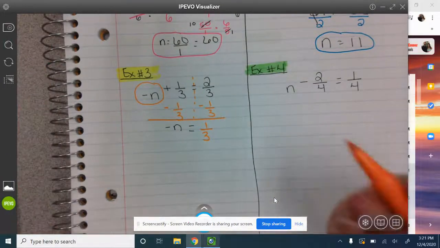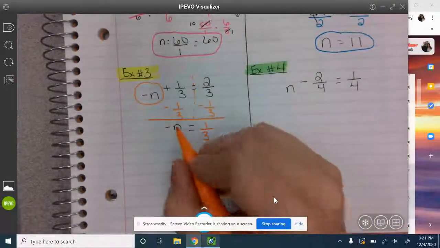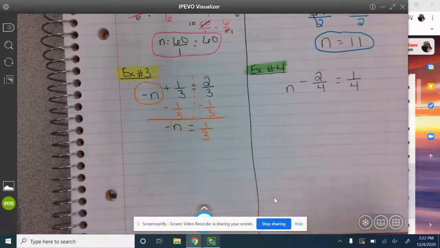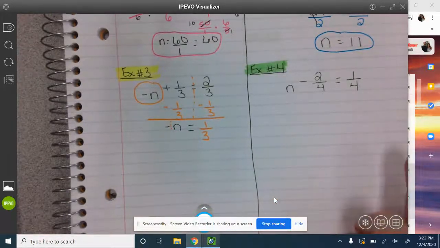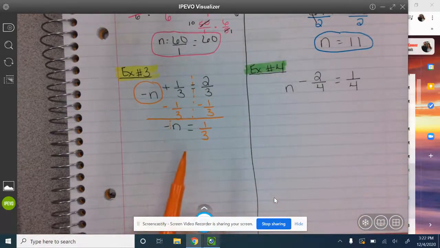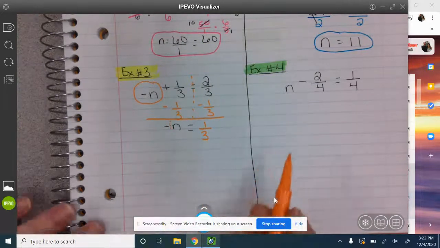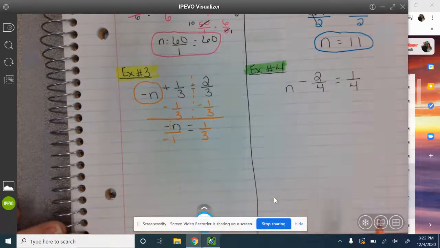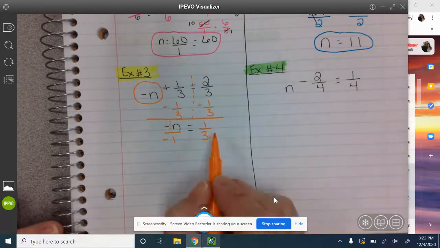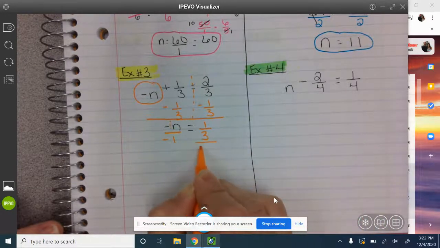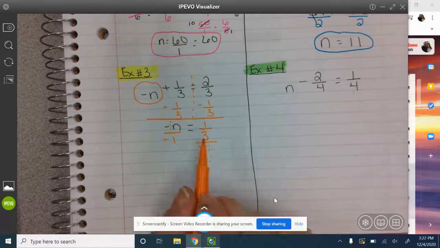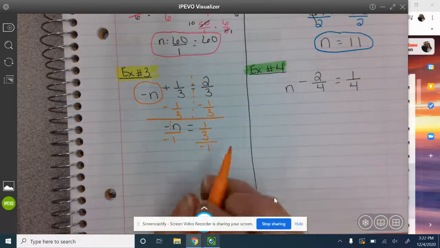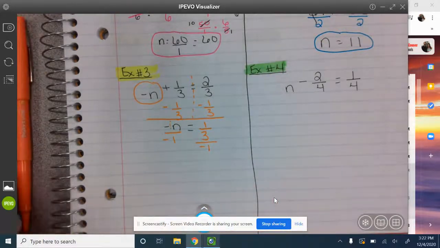Now, again, what number comes between the negative sign and the n if you don't see it? There is an imaginary 1 there. So it's really negative 1n equals 1/3. So how do you undo multiplying? We're going to divide by negative 1. And on this side, we're going to divide by negative 1, which makes this side look really weird. So I'm going to rewrite it down here for you.